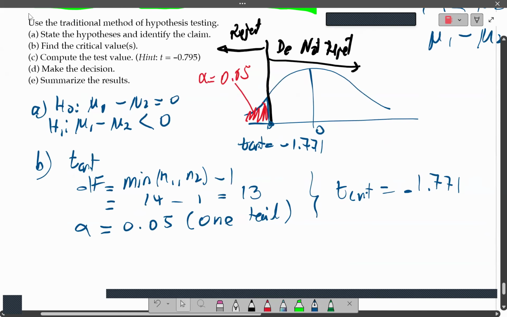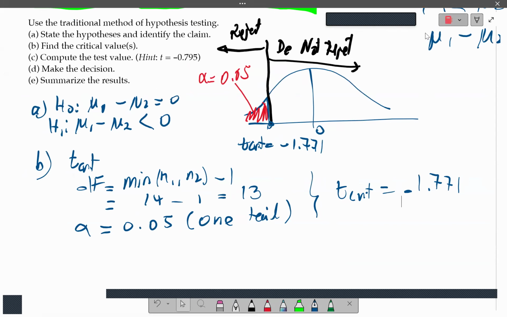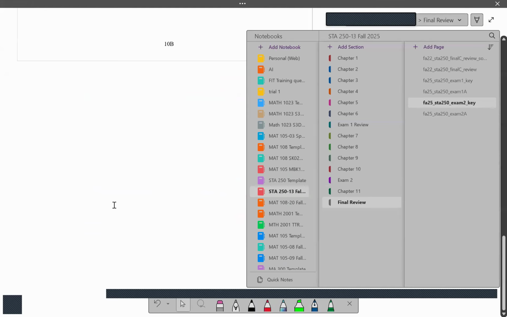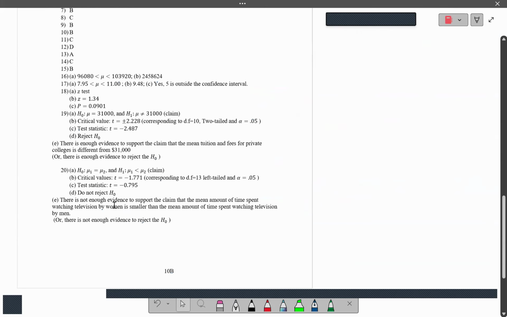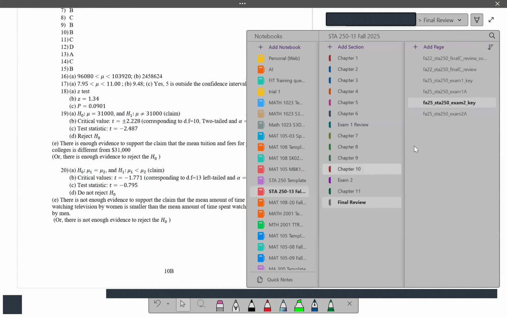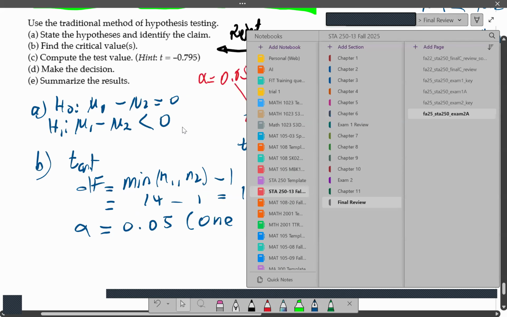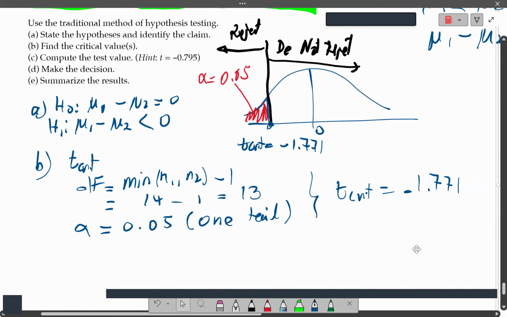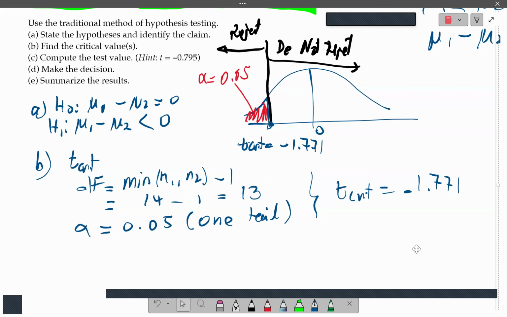I don't want to make a mistake. Yeah, it's good. All right, are we okay with the T critical out of the table?